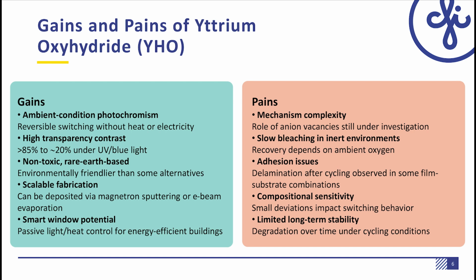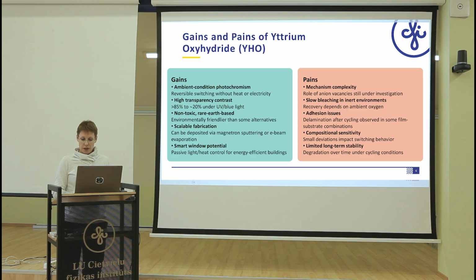It's a non-toxic, rare earth-based material, making it more environmentally friendly than some of the alternatives. It's compatible with scalable deposition technologies like e-beam evaporation and DC magnetron sputtering. And so it could be applied also to make, for example, large area coatings.